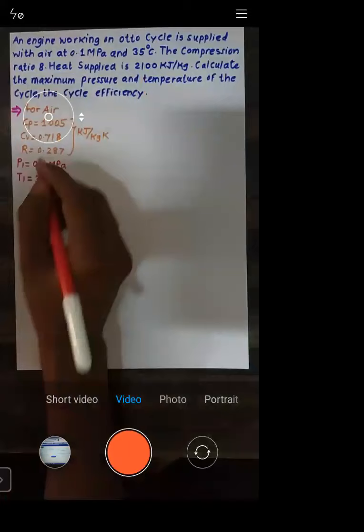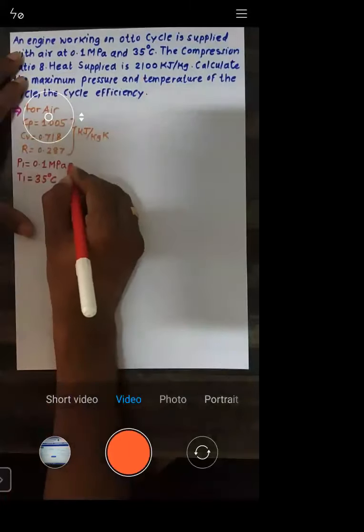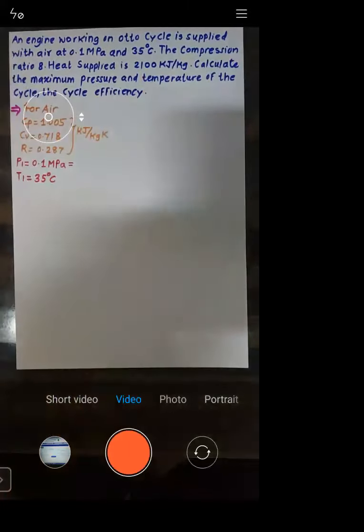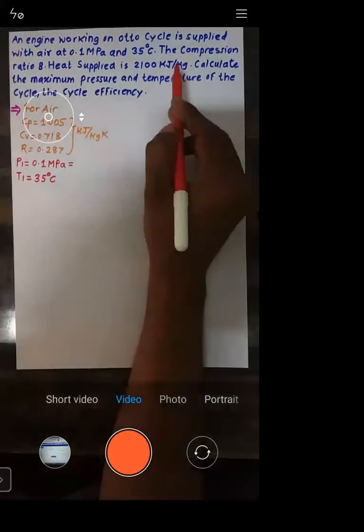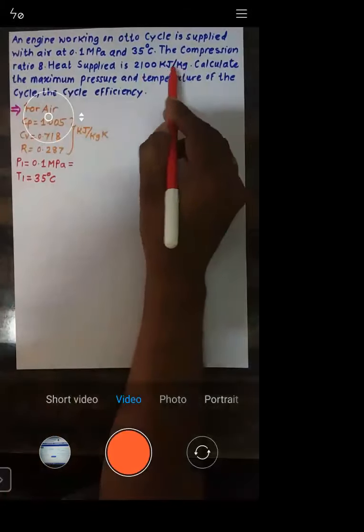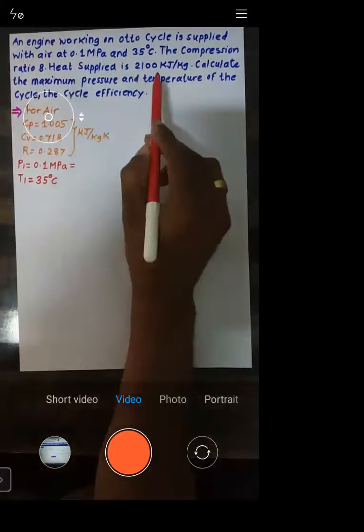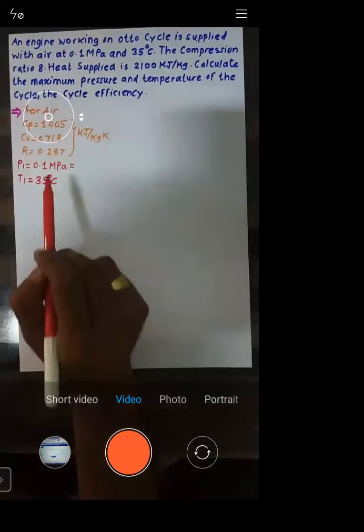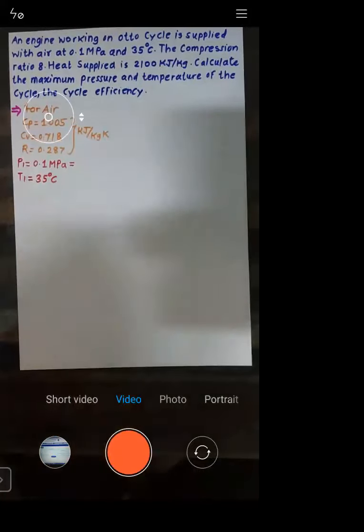Now see the 0.1 megapascal, I am supposed to convert. I will convert this into kilopascal, because the heat supplied is in kilojoule per kg Kelvin, and that is not a problem.